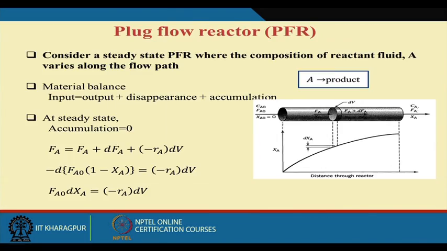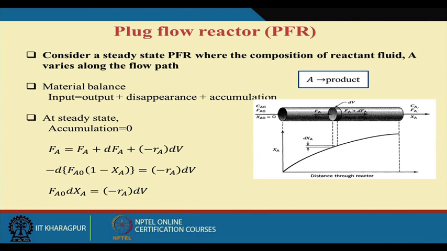That plays a very important role. I shall show you, when I discuss the other reactor, a comparative study of how we can design and select the reactor that will be better for our system. The next continuous reactor I am going to discuss is the plug flow reactor.